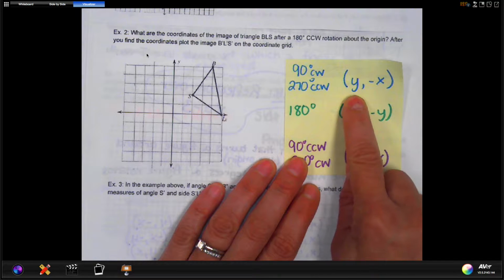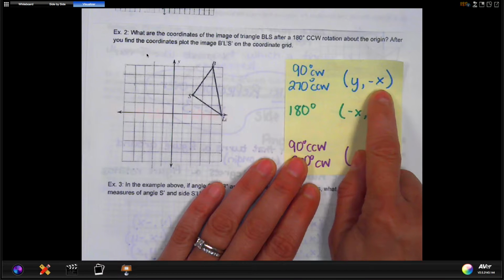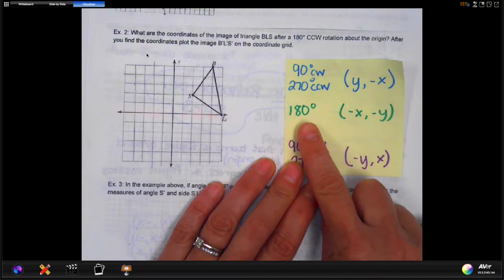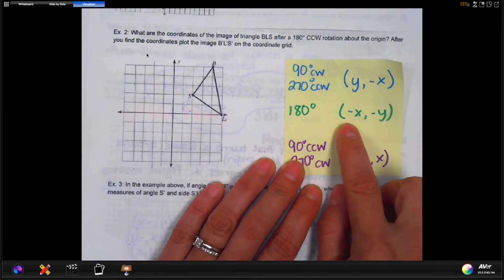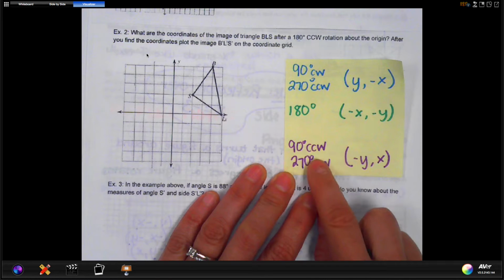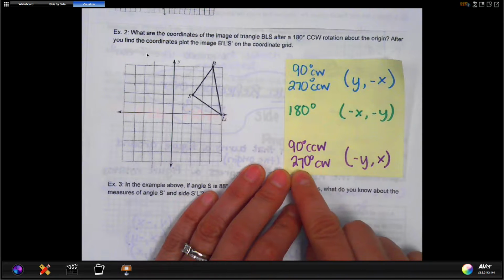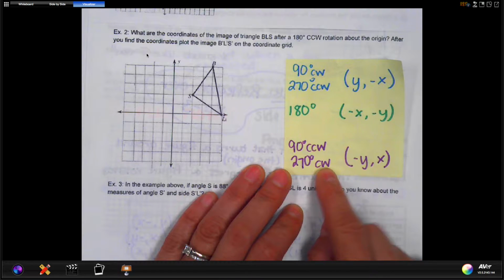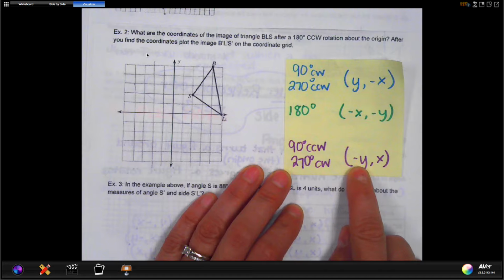We make y go first and x go second, and we change whatever x was to its opposite. To do a 180 degree rotation, either way, we change just x to its opposite and y to its opposite. And then 90 degrees counterclockwise, which ends up being the same position as 270 clockwise, we switch positions of x and y and we make y its opposite.